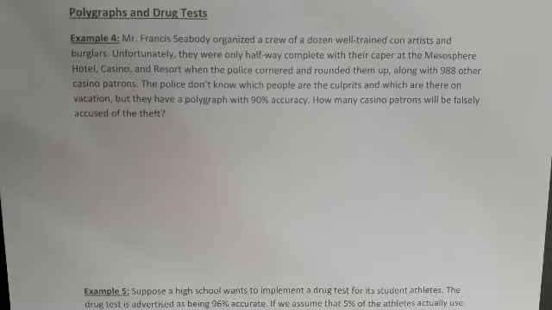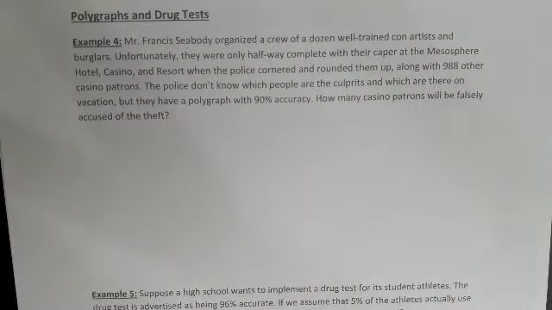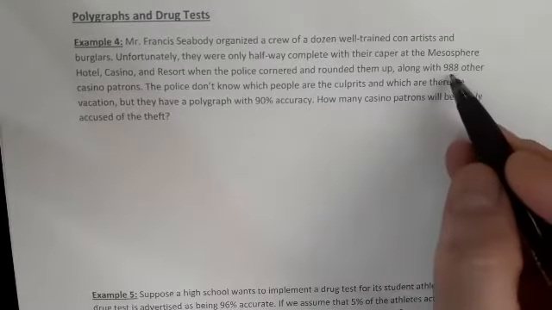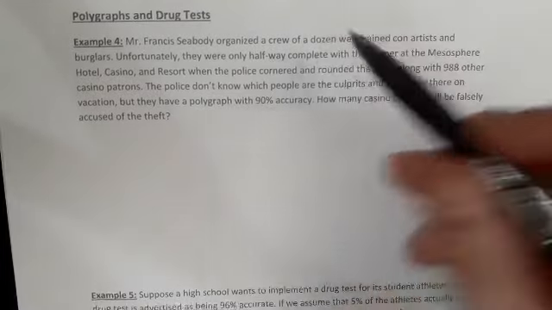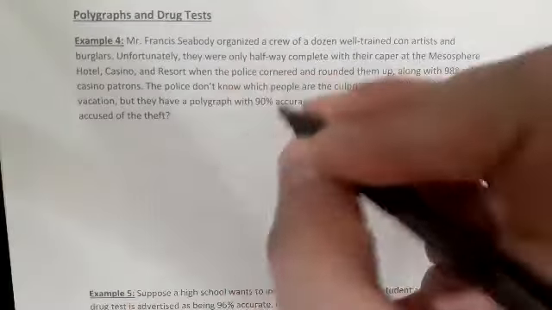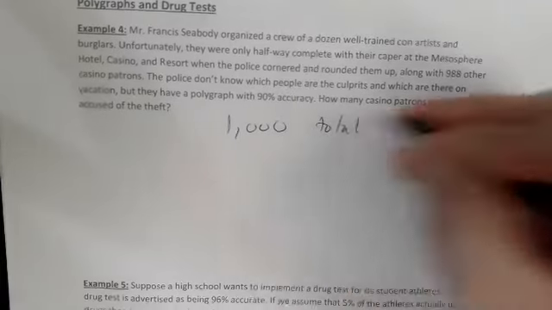So there might be a few things to pick out. We want to know how many total people are here. And this is a horrible, what is this, Ocean's 11, Ocean's 12? But he's not Mr. Ocean, he's Mr. Seabody. So the total number of people that are here are 988 plus the 12 capers that are going on over here. So 988 plus 12, like I said, there's 1,000 total people here.